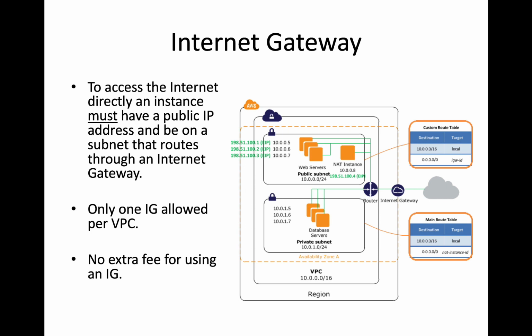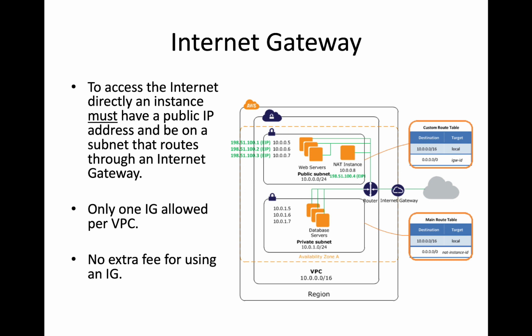Now, in order to actually communicate with the internet, your VPC needs to be connected to the internet. It has to have a way to route traffic to and from the internet. And it does that using a resource called an NAT Gateway.